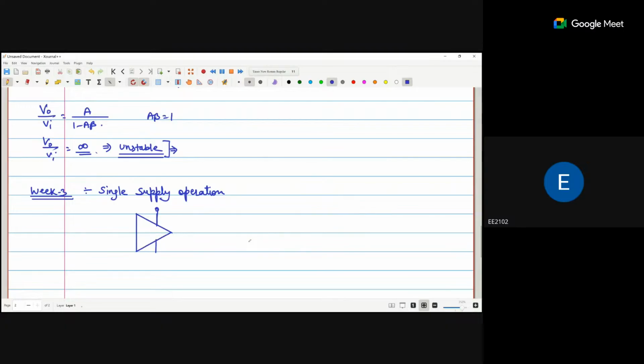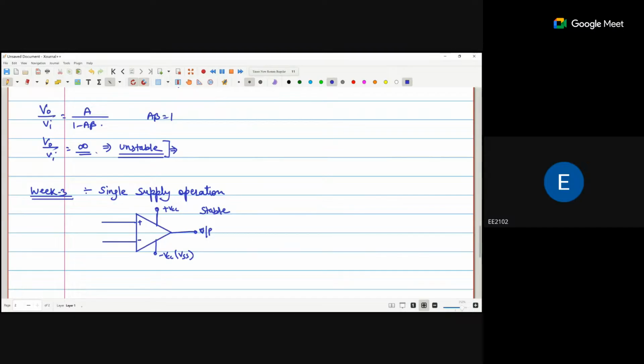If we are not considering the supply voltage, we assume that this operational amplifier will work with a stable supply, that means plus VCC here or minus VCC, or we can say VSS. This is the output voltage, positive or negative terminal.